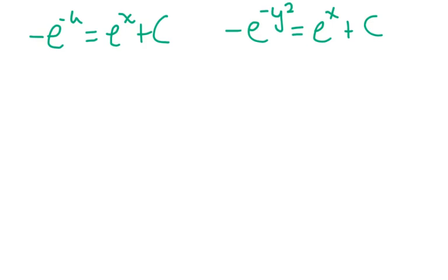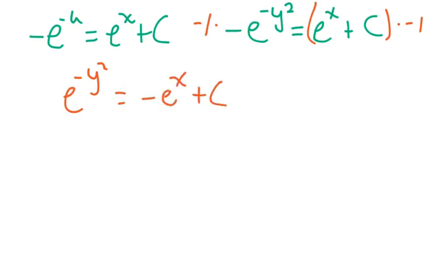So now at this point I'm going to just solve for y, so I'm going to multiply both sides by -1 so that I can get rid of the negative sign out front. So now I have e to the negative y squared equals negative e to the x plus c.